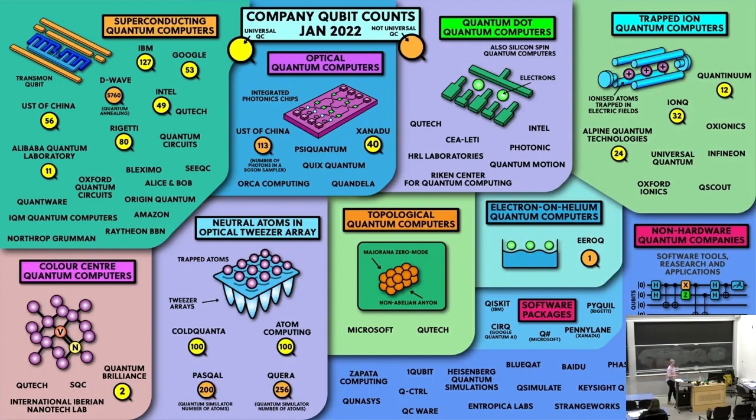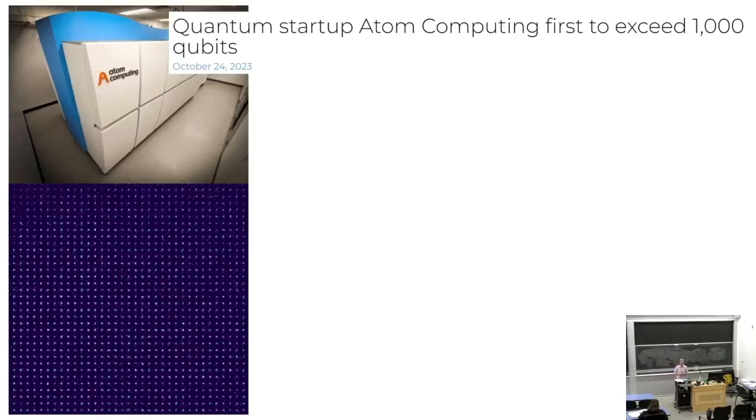But as maybe a few of you heard, last week there was a big announcement from Atom Computing, and they were the first to exceed 1,000 qubits in a quantum computing setup.